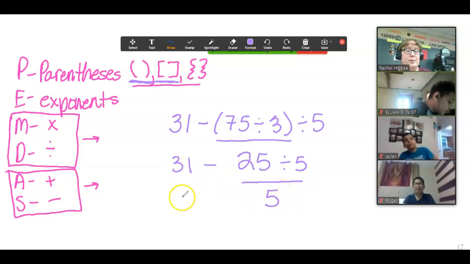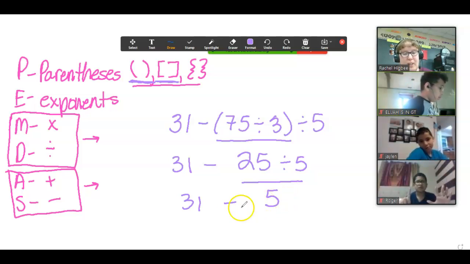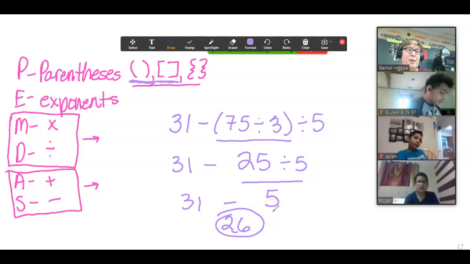I did not use my 31 and I did not use my subtraction symbol. Okay. So then that's my last step. So what would 31 minus 5 be? Good job, Roger. 26. Excellent. So my answer there is 26. Good job.